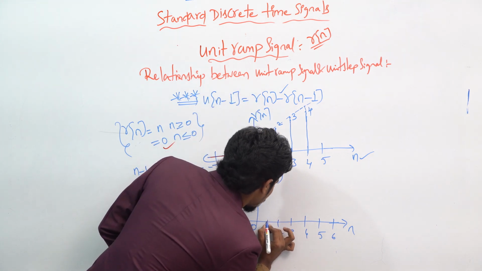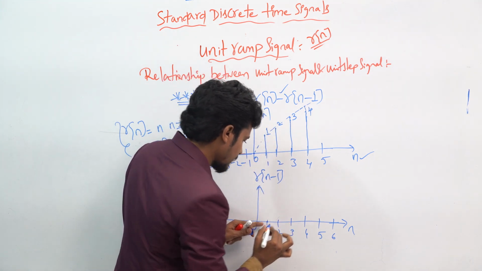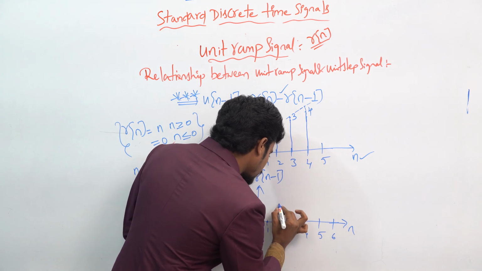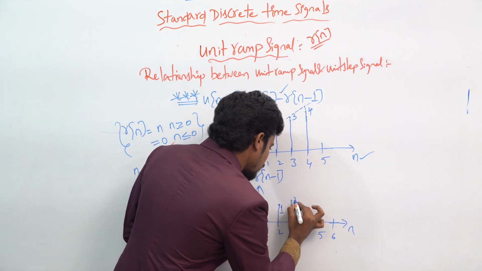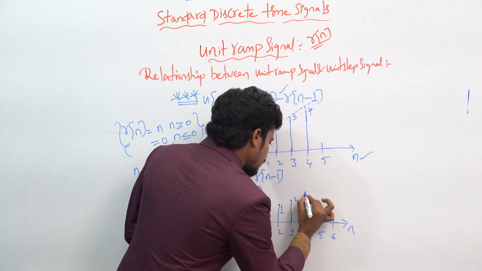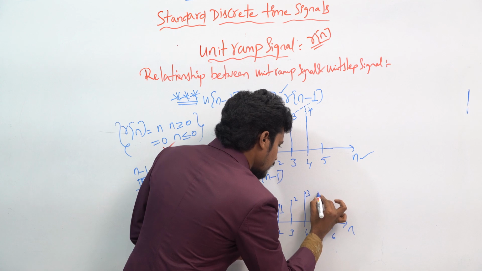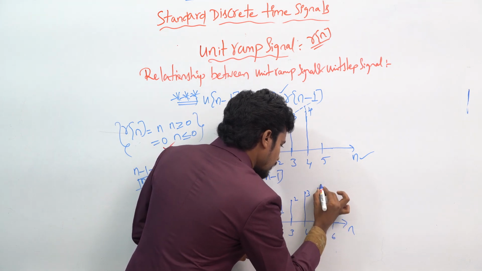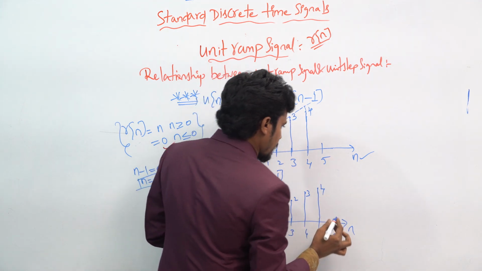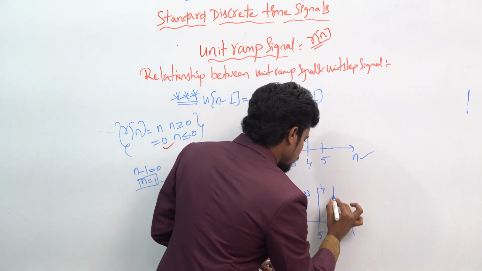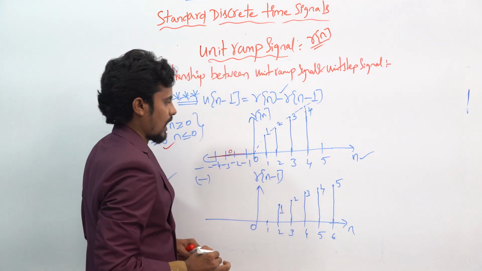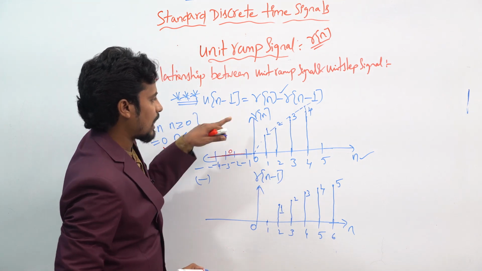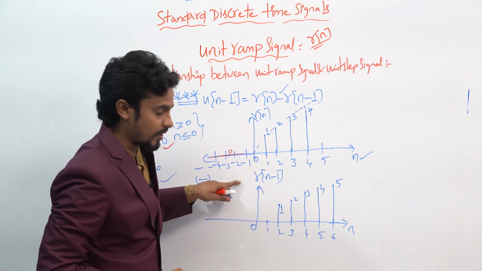For n equal to 1 it starts, and at n equal to 2 the slope changes by 1, and here 2, 3, 4 like this, and here 5.